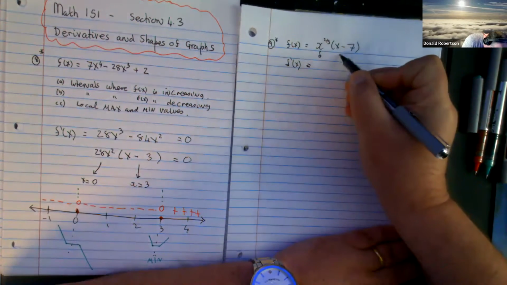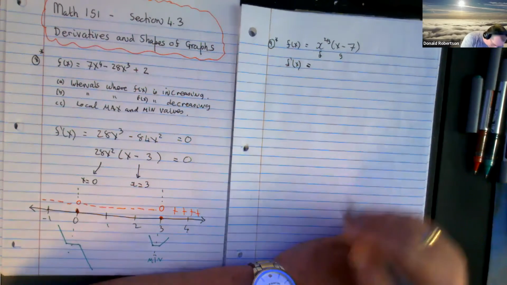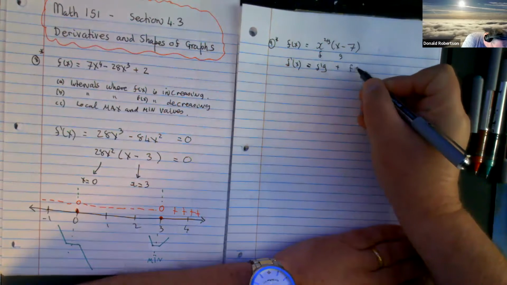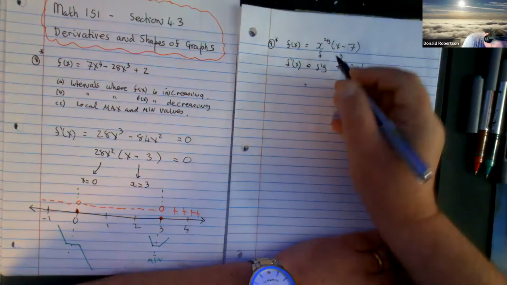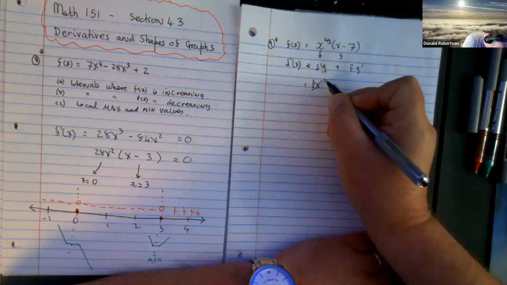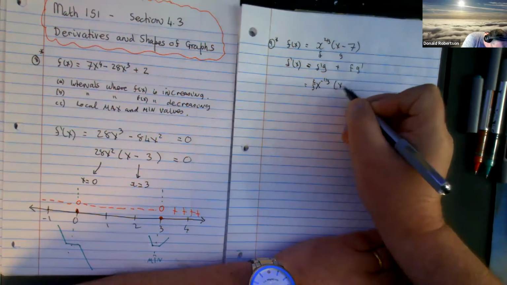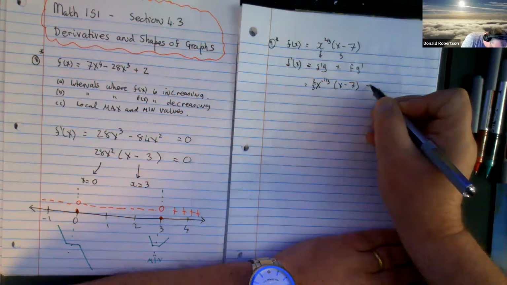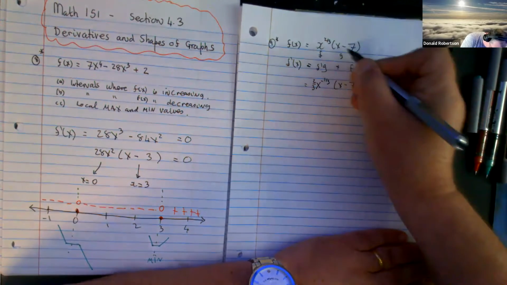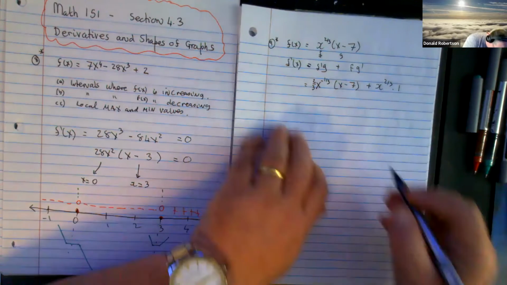This question needs a product rule. So it's going to be f dash g plus f g dashed. If you differentiate this guy, you get 2/3 x reduced to the power by 1. Leave the second guy alone. Leave the first one alone and differentiate that guy, and you get that.